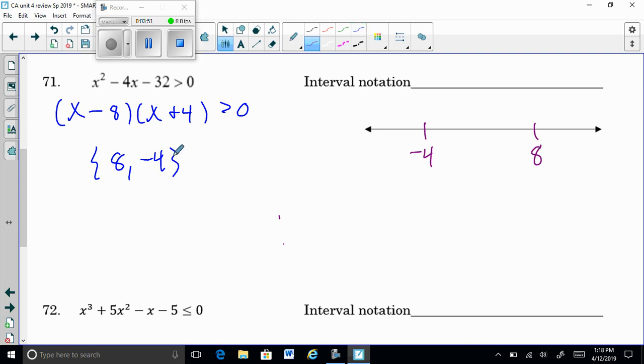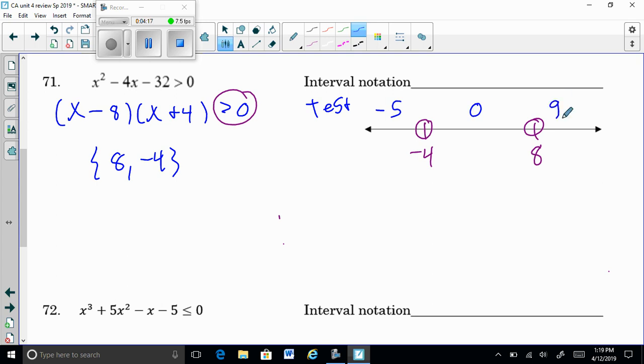This time, those x-intercepts will not count because we're looking for values greater than 0. When you plug them in, the expression equals 0, so they cannot be part of my solution set. Now we'll test like -5, 0, which is always good, and then a 9.